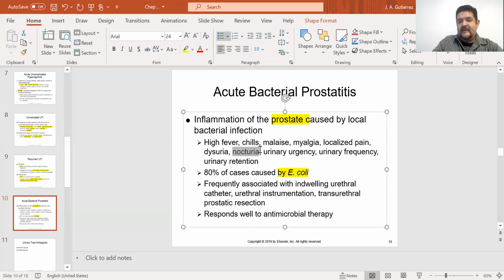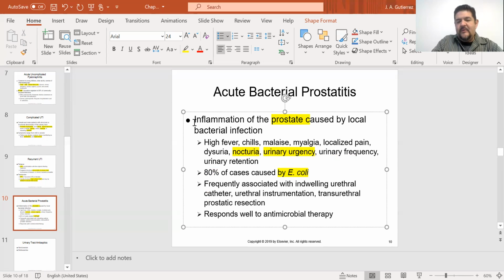Nocturia means that the patient is gonna get up more often during the night to pee, when usually someone without infection will sleep through the whole night. In this case, because of the sensation of urinary urgency, they'll start getting up more frequently, 2-3 times during the night.